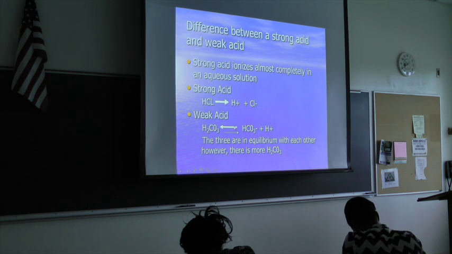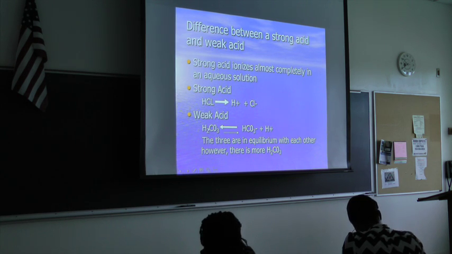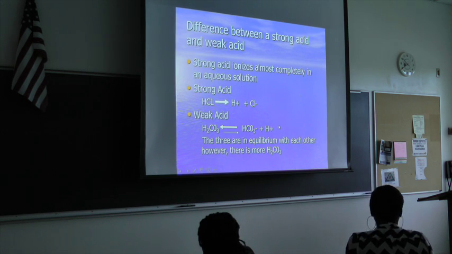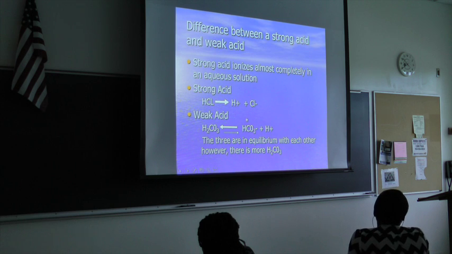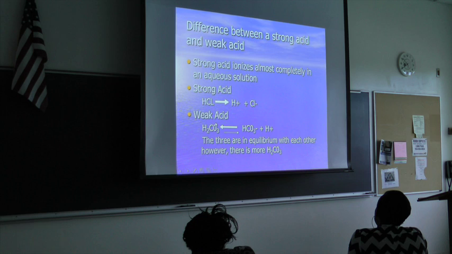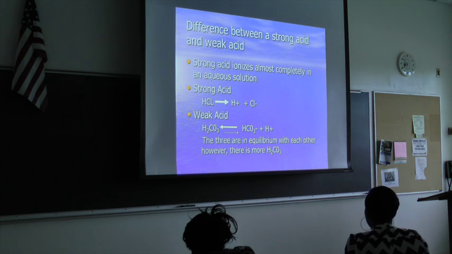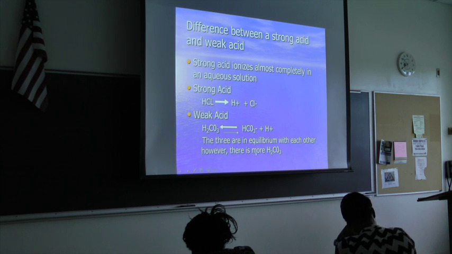And then notice the white arrow is thickest, leaning towards the combined molecule of H2CO3. So very little of it separates into hydrogen ions and bicarbonate ions. Most of it stays together. Since most of it stays together, that's considered a weak acid. It says that the three are in equilibrium with each other. However, there is more carbonic acid.